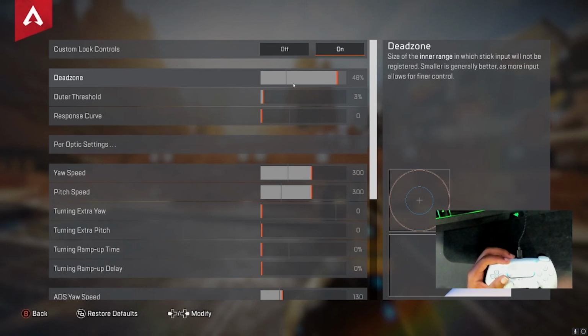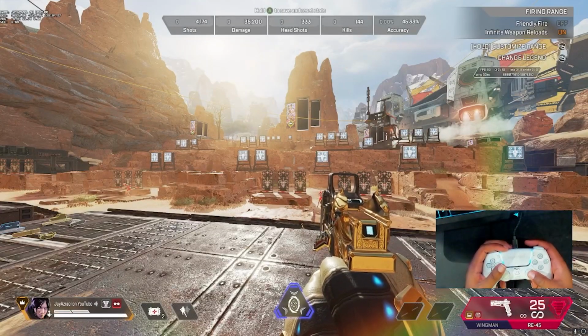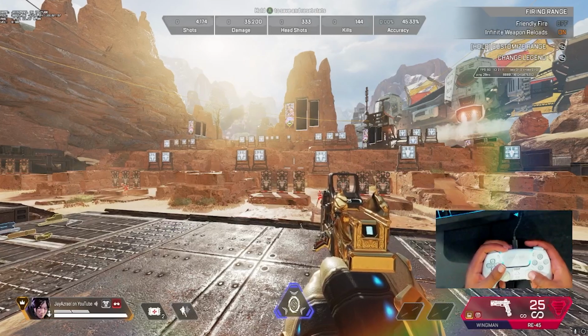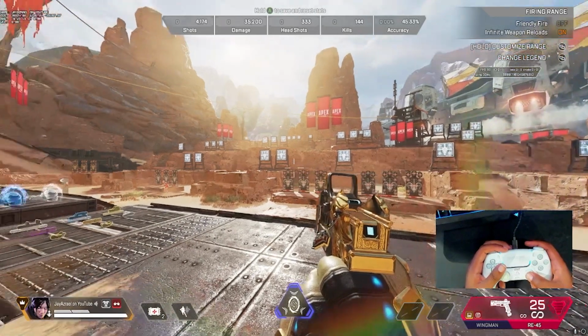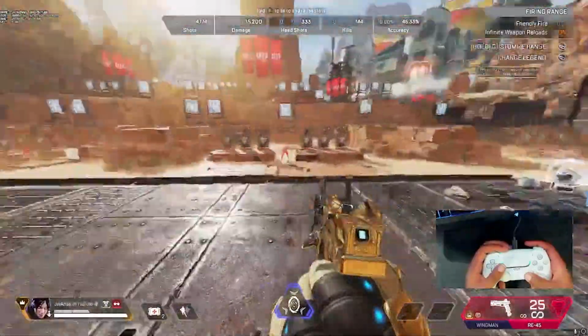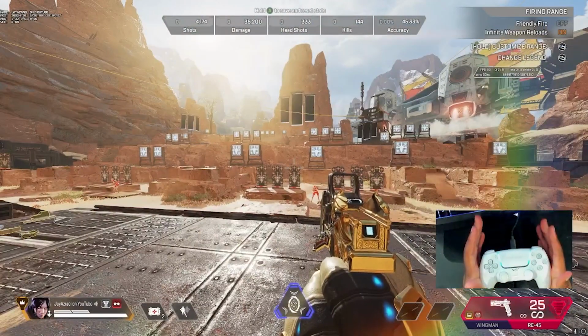But the moment I move my analog stick outside of the circle, it will register. If you watch, I make small movements and nothing is moving, but the moment I move outside of that range, it begins to move again. And you'll notice my stick drift is completely gone.